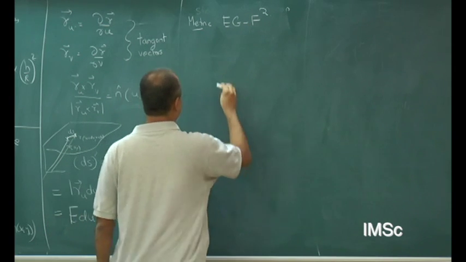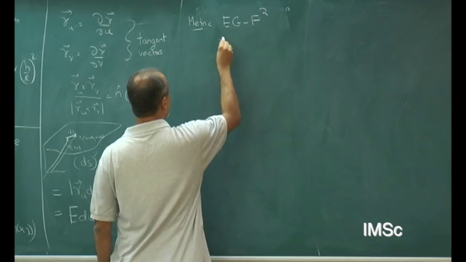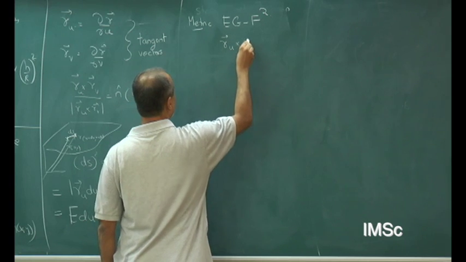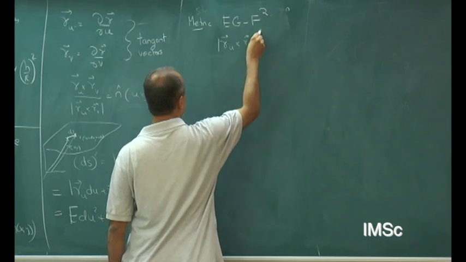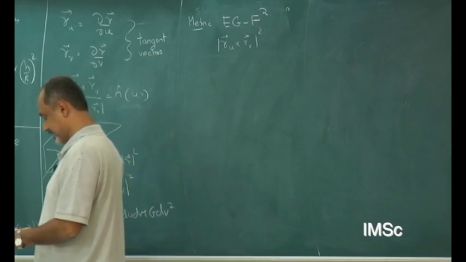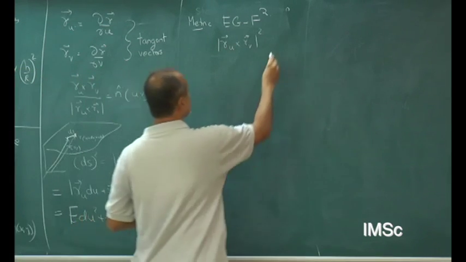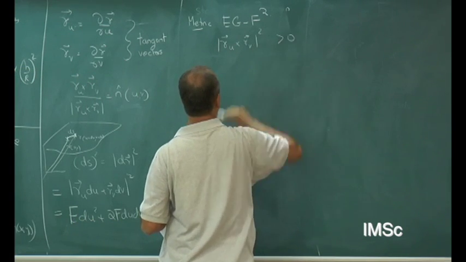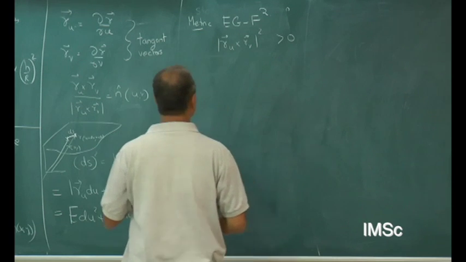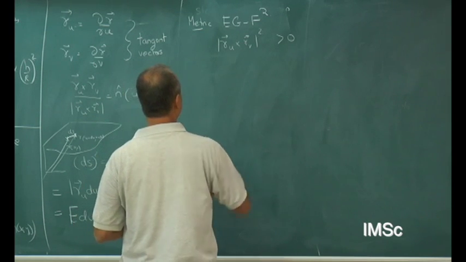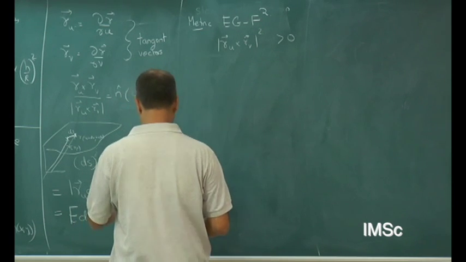This quantity is also the same as Ru cross Rv squared, which is always greater than 0. So Eg minus f squared is Ru cross Rv squared.